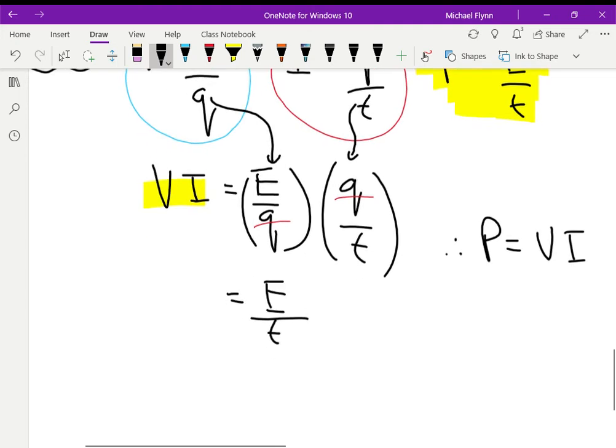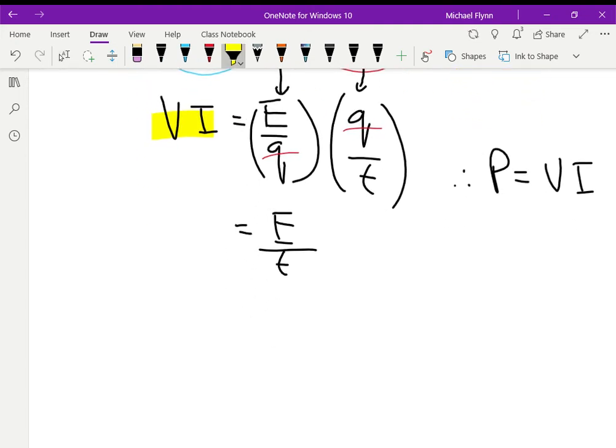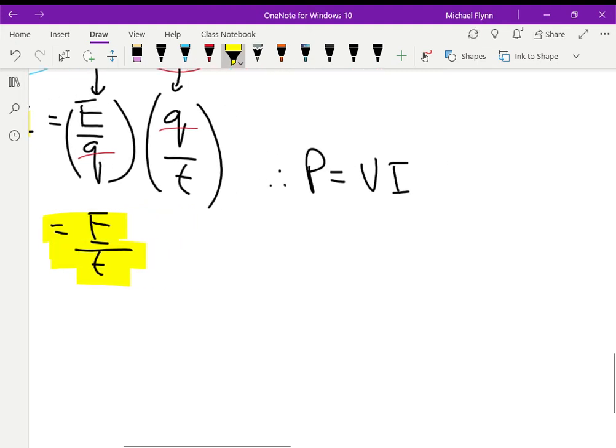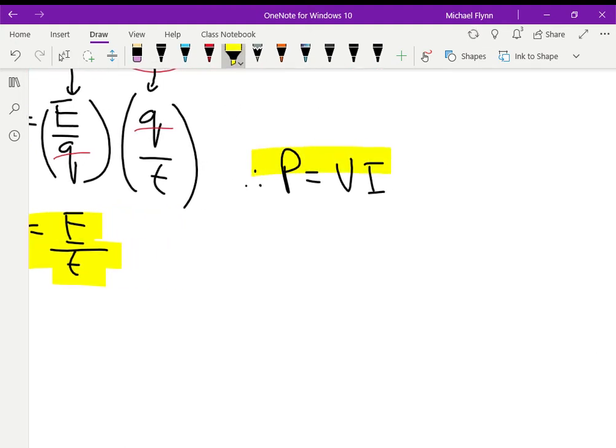And what you're left with is simply energy over time. But that's the definition of power. So what I've just proven to you is that power is also equal to voltage times current for electrical devices.